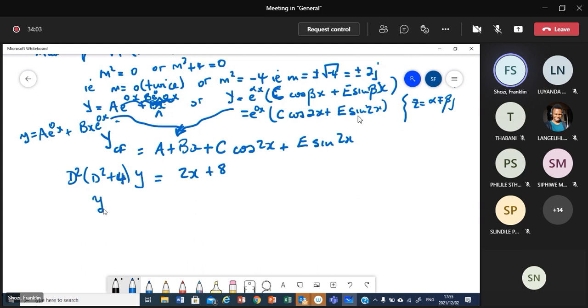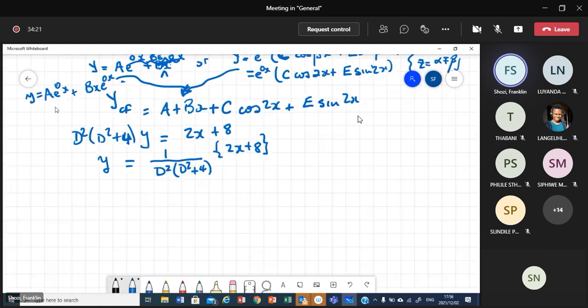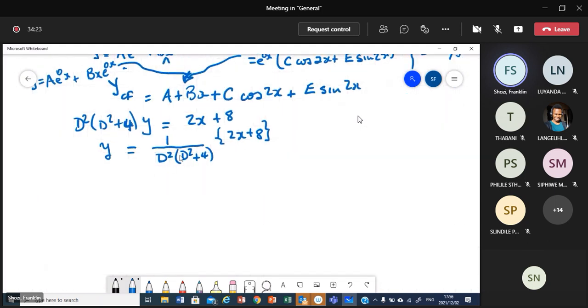Already y is taken out, so make y the subject of the formula. y is 1 over D squared plus 4 acting on 2x plus 8.